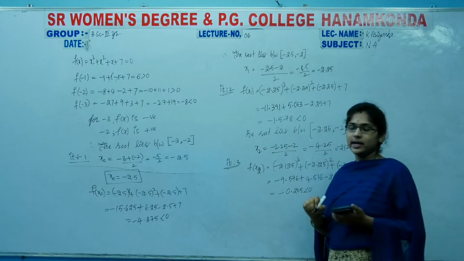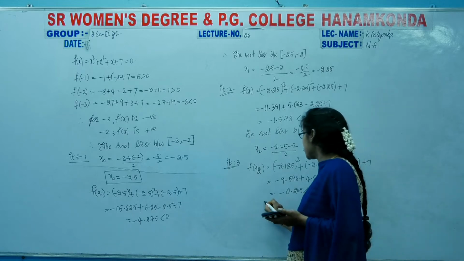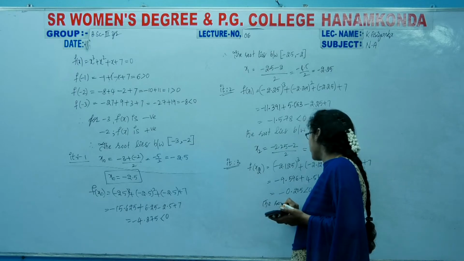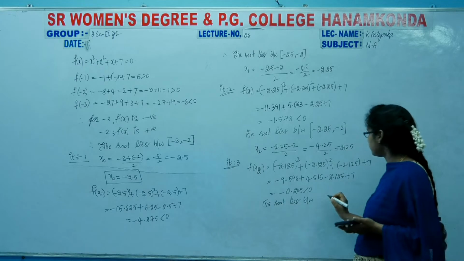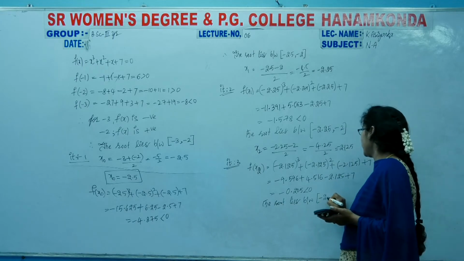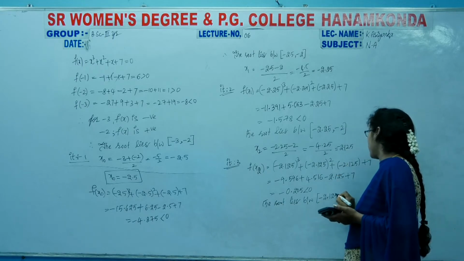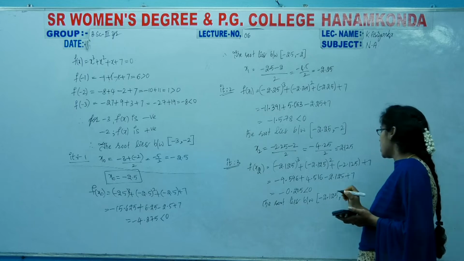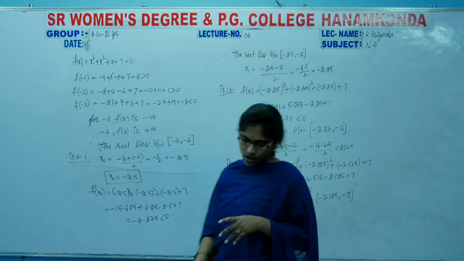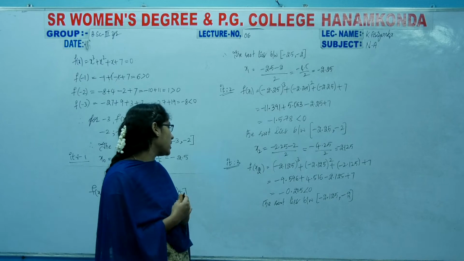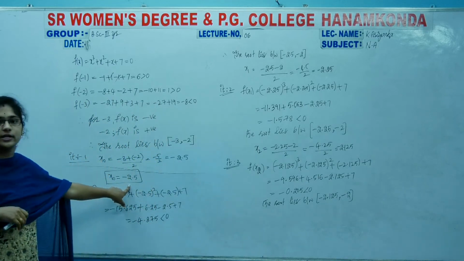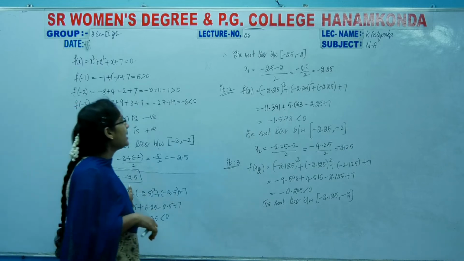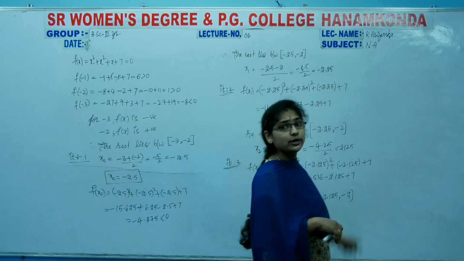Again it is negative. So when it is negative, what do we have to do? Again we have to say that therefore the root lies between minus 2.125 comma minus 2. So this is nothing but the value. Now we have to calculate like this. Actually, every time you can observe that I have x0 as minus 2.5 and x1 as minus 2.25.